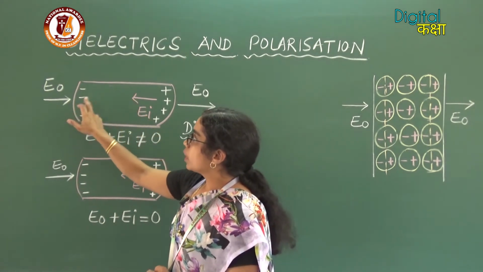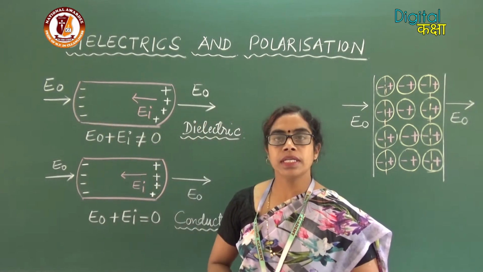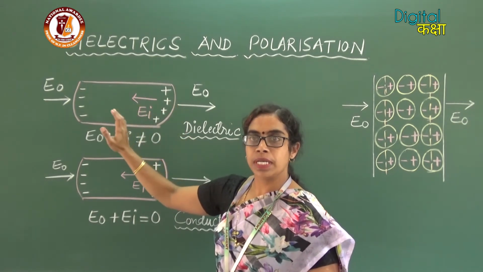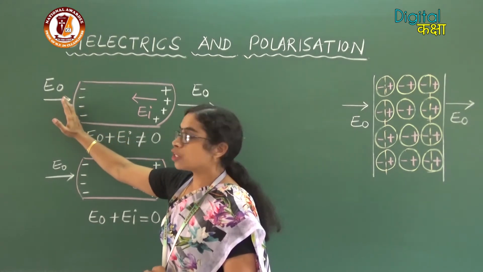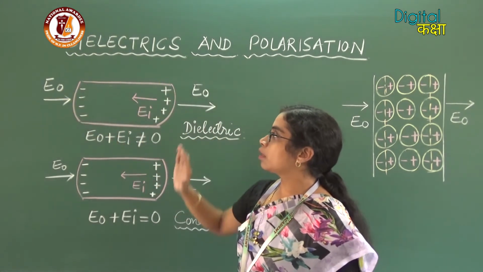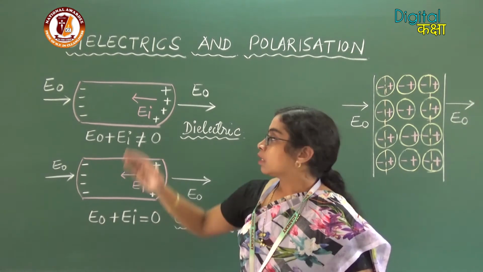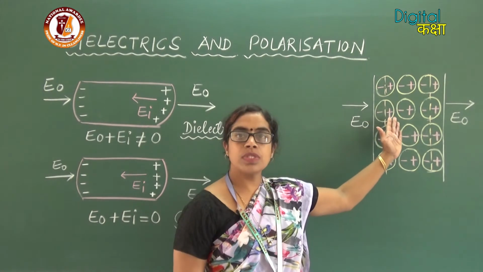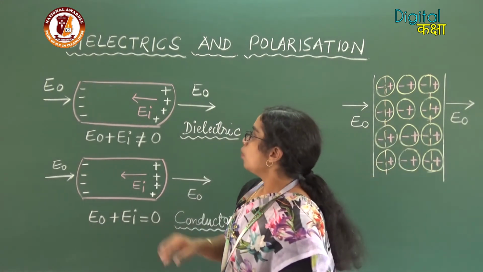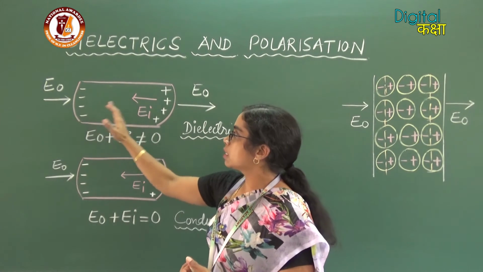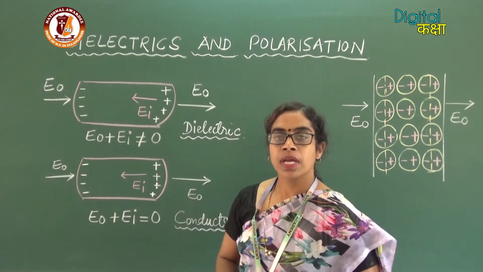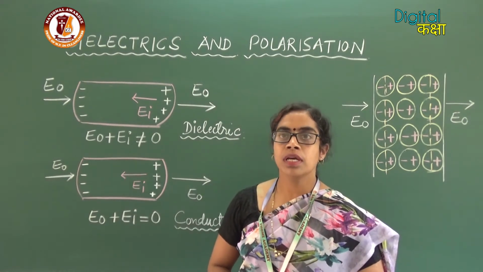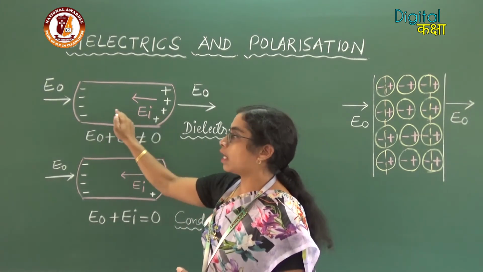In this case, the charges of the molecules present inside the dielectric are separated. The negative charges are shown here, and these are the positive charges. We will study the separation of these charges in detail using this diagram. Because of this separation of charges, an electric field is induced inside the dielectric, which is marked as EI.